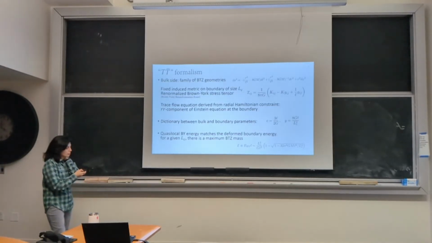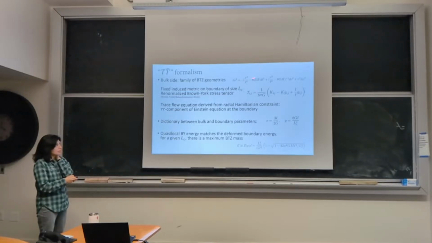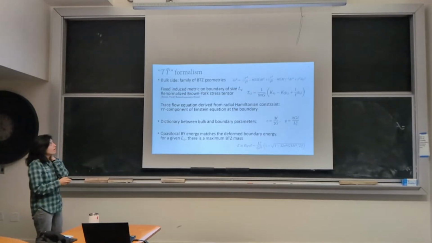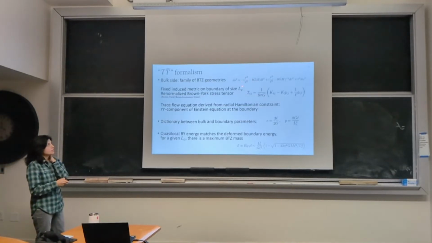But if we look at the story on the bulk side, here I'm showing the family of BTZ geometries labeled by this mass parameter. So the story is that there is a radial cutoff at some radius that corresponds to the boundary size of L_c cutoff.